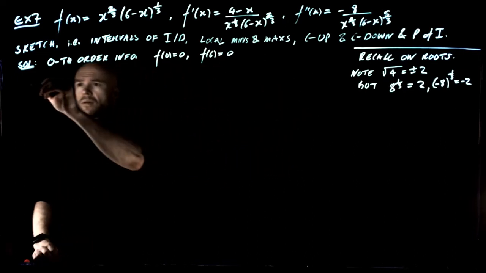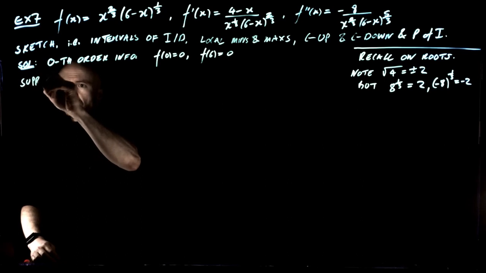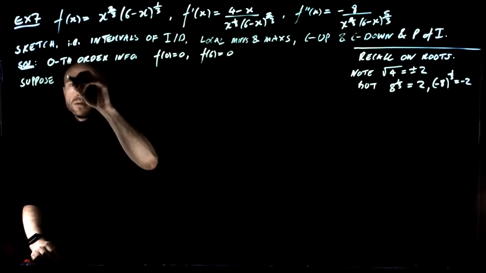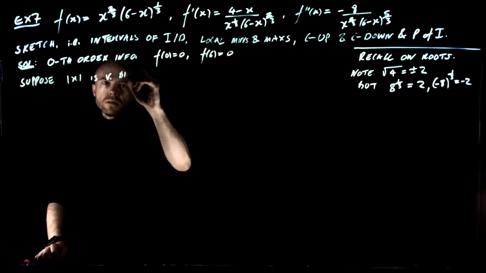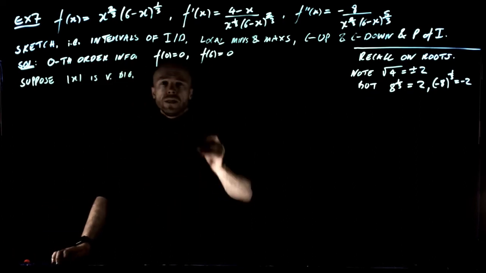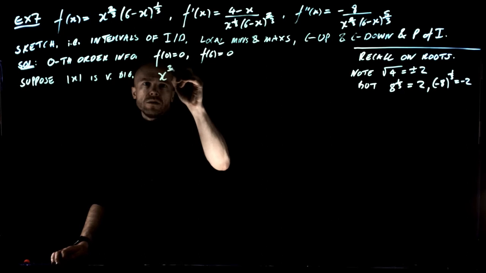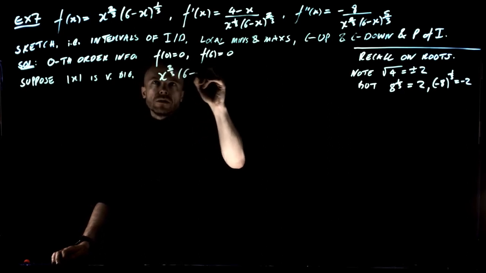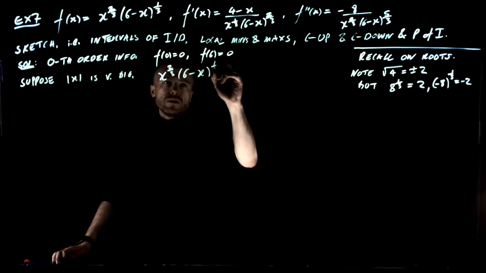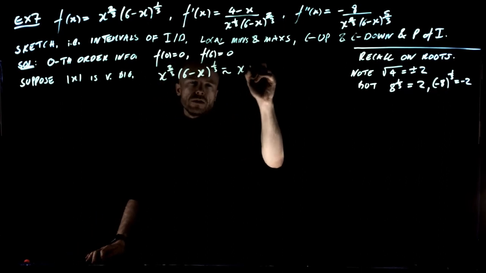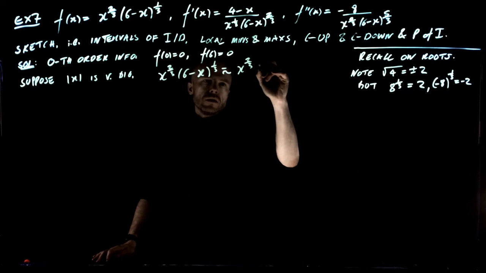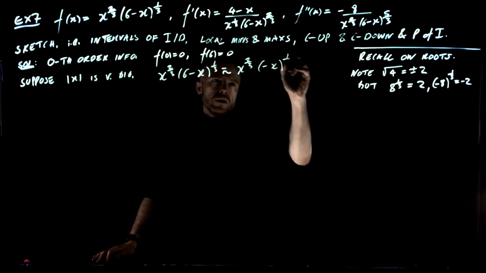So suppose mod x is very big, okay? Then x to the 2/3, 6 minus x to the 1/3, kind of doesn't notice this 6, so it's really a lot like just x to the 2/3, then minus x to the 1/3.